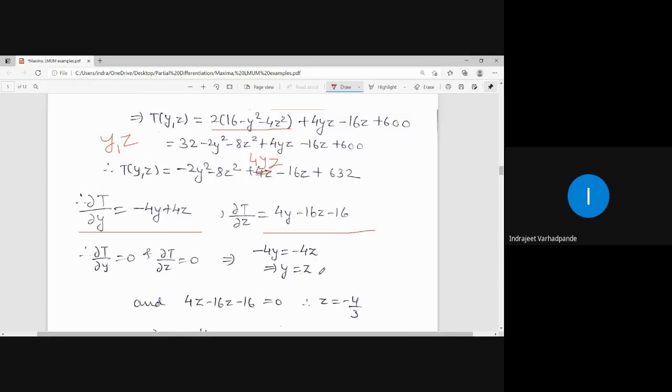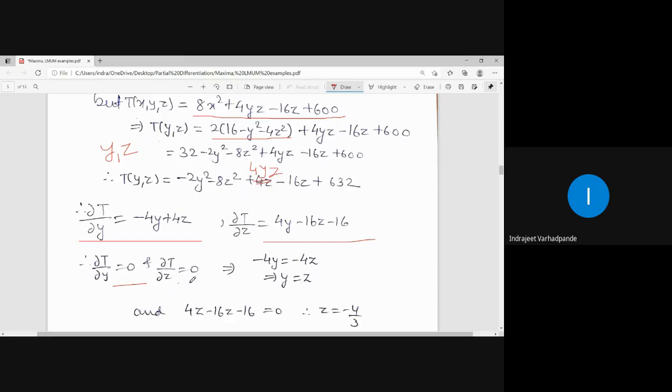Is it over? So if you equate them to 0, you will be getting y is equal to z.